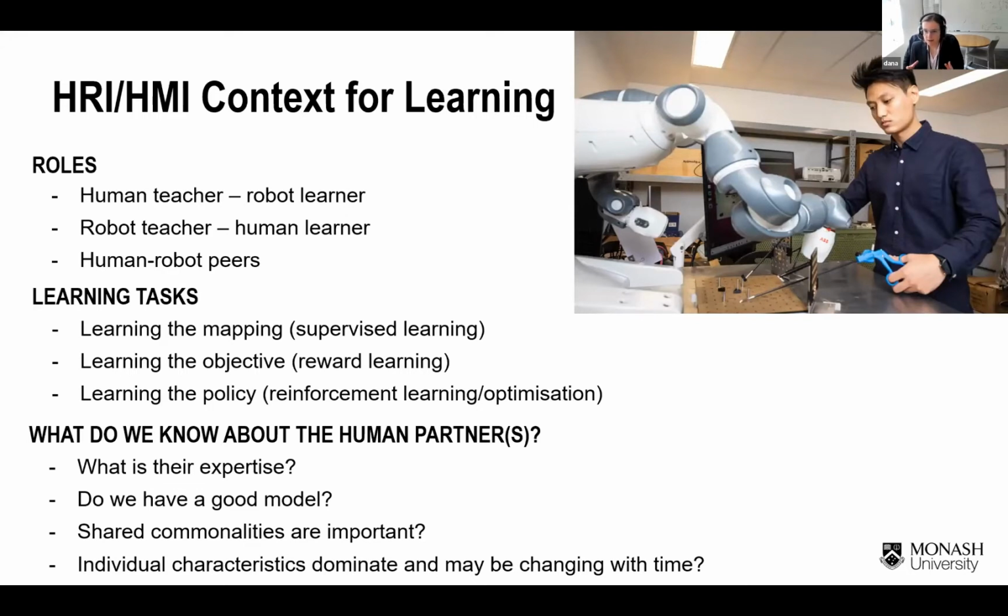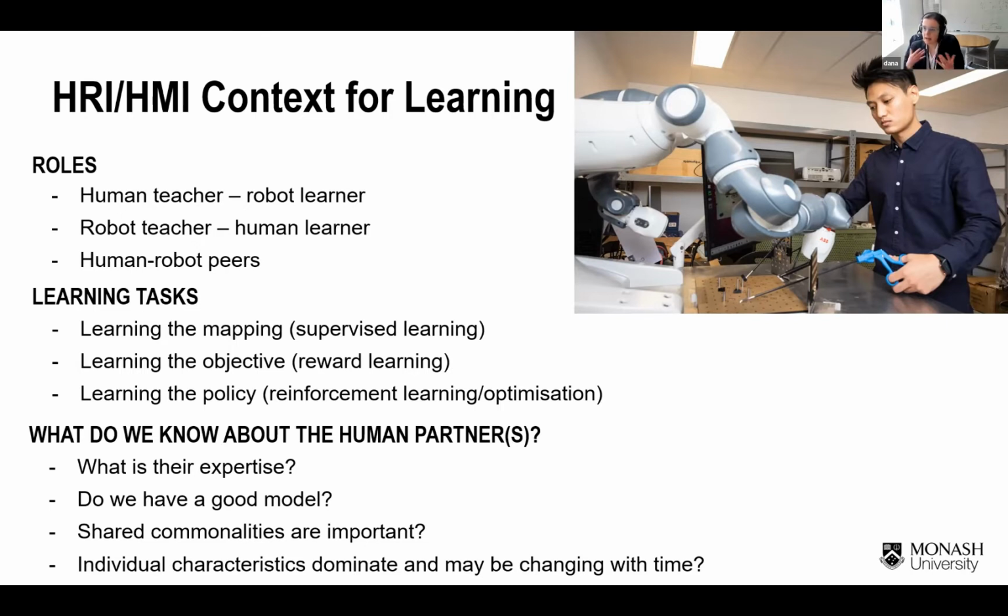One part of the context is what are the roles? Do we have a human teacher and a robot learner? This might be a common configuration when we have a human expert that's trying to teach the robot how to do something. For example, if we have a new domestic robot that has been introduced in somebody's home, the homeowner might be telling the robot, this is how I'd like you to do the things that you're going to do.